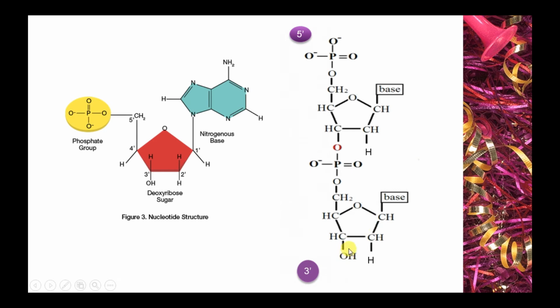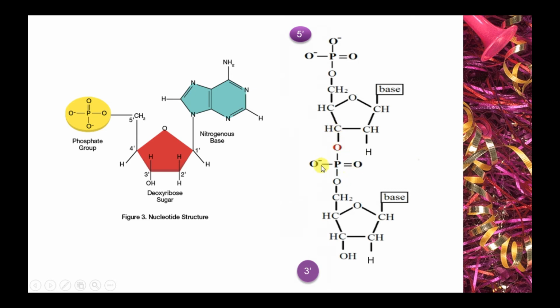This OH group is not attached to any nucleotide, and this is the phosphate group of the first nucleotide attached to carbon 5. Here you can see the hydroxyl group of this nucleotide attached to carbon 3 is forming a bond with the phosphate group of the first nucleotide.